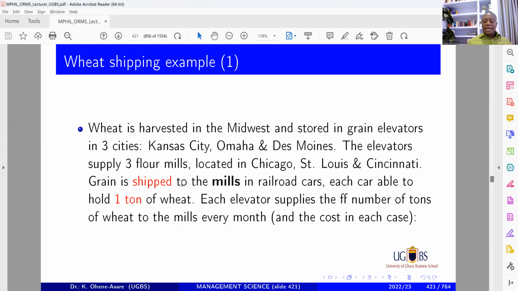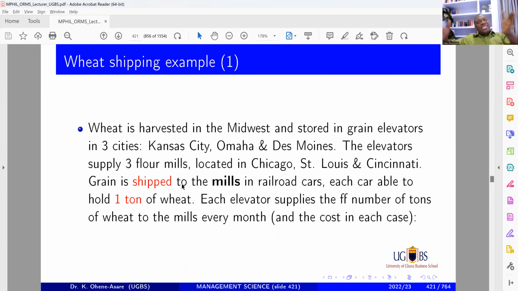Oh, the thing is that you are told that each car, remember, you have to know what railroad cars are. When you see a train going, you know that train is divided into parts, boxes. When that train is not carrying human beings, it is carrying something that looks like boxes, and the items are in it.